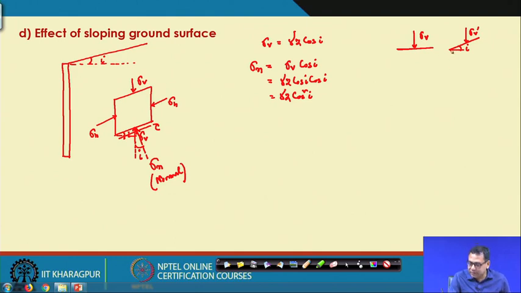If this is a unit plane or unit distance, say 1, then this one will be 1 into cos I. If this plane is 1, this is 1, and this is I. So, sorry, this plane will be 1 divided by cos I.